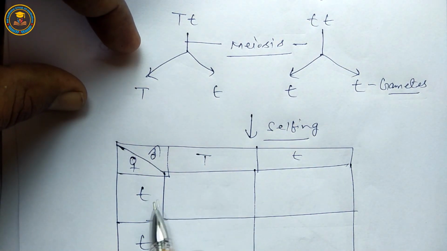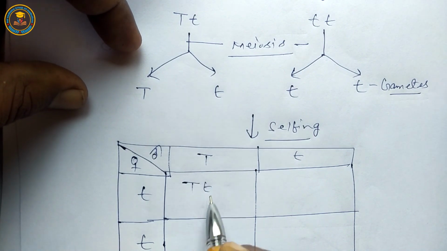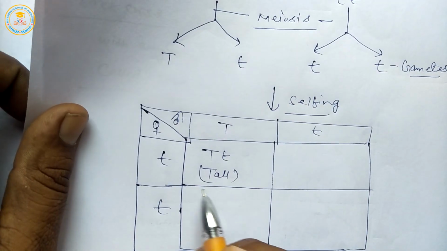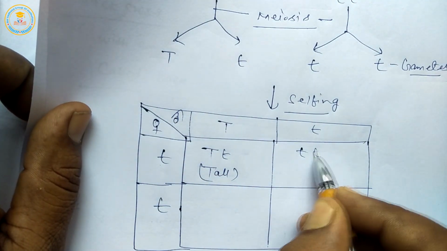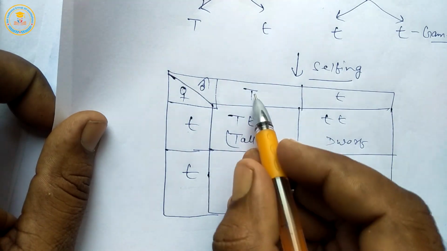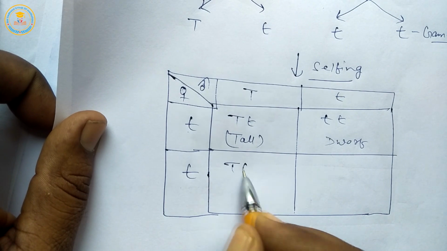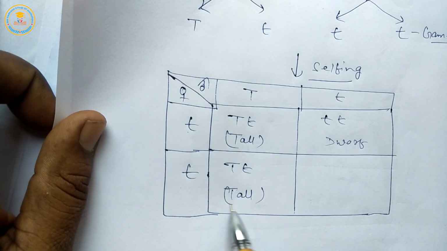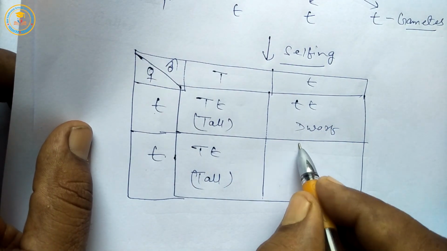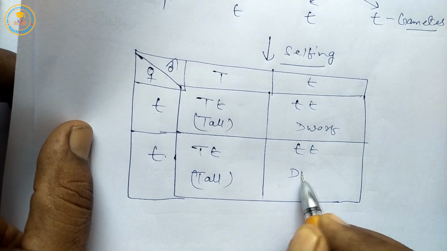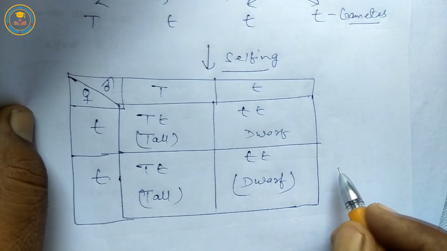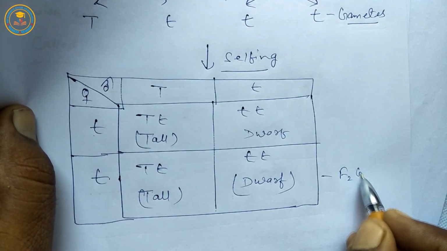If capital T small t cross each other, it forms tall plant or hybrid tall; if small t cross each other, it forms dwarf plant. Next, capital T small t cross each other and form tall plant, and last, small t cross each other and form dwarf plant. This is F2 generation.